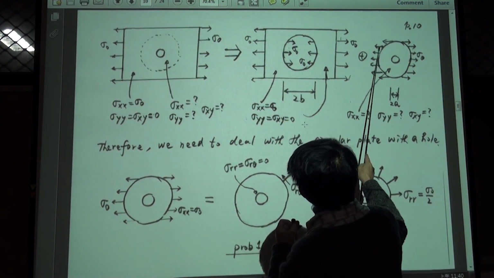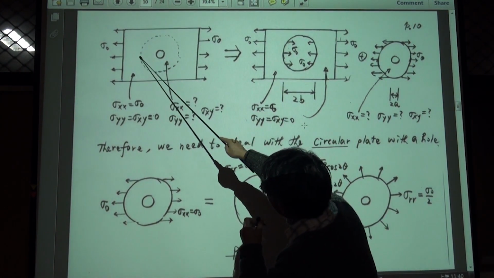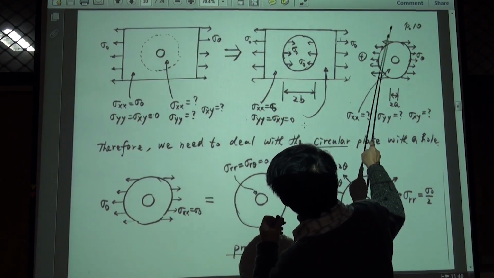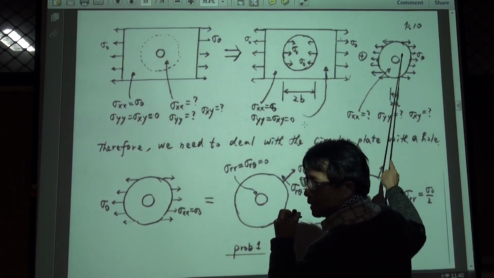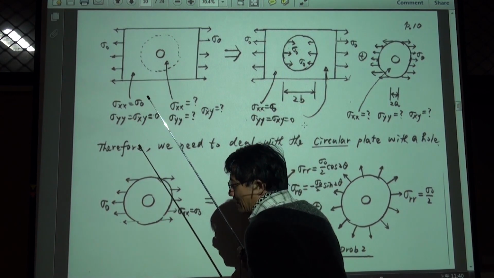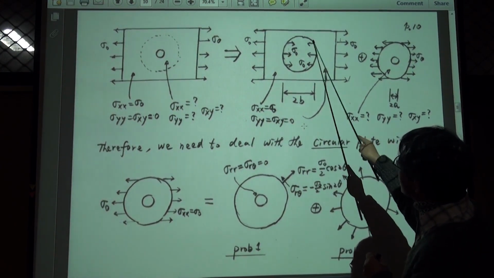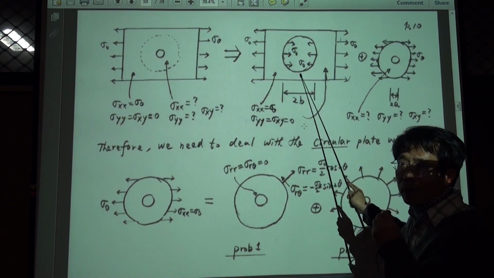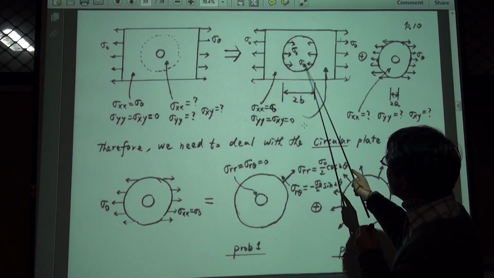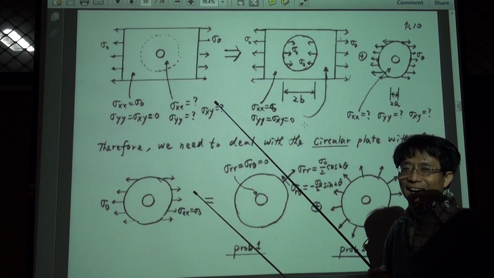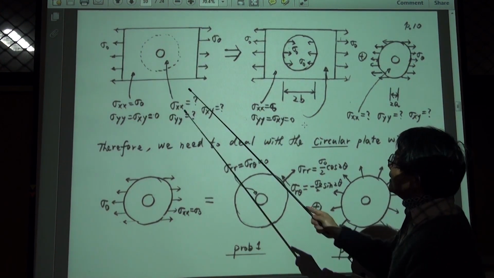So on this circular boundary here, the stress state is in simple tension. Understand what I'm doing now? So simple tension here, and also on this circular boundary, the stress state is also in simple tension. Do you understand?